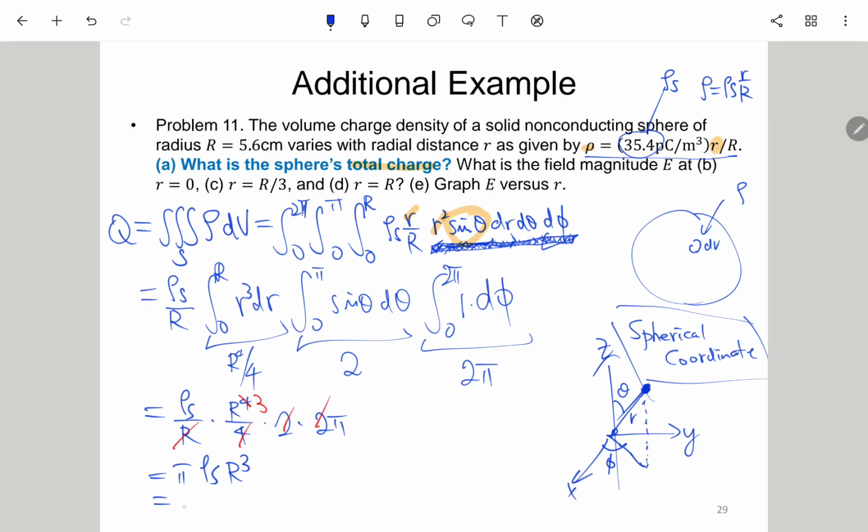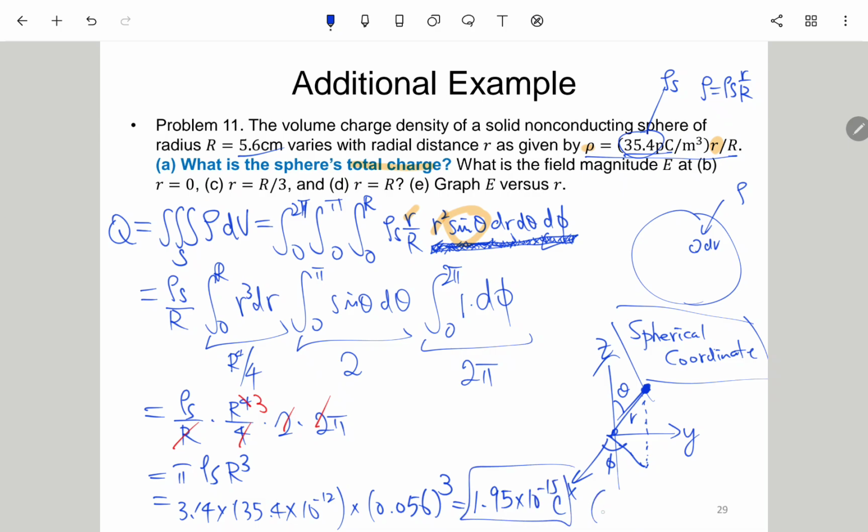Finally we can plug in all the numbers: 3.14 for the pi, times rho s, which is 35.4 times 10 to negative 12, times r cube, which is 0.056 cubed. When you press the calculator, this is 1.95 times 10 to negative 15 coulomb, or you can write it as 1.95 femtocoulomb.